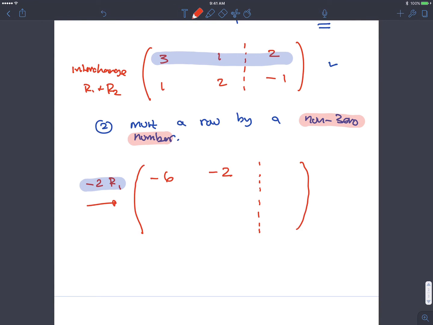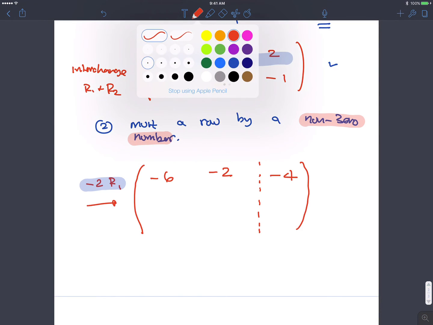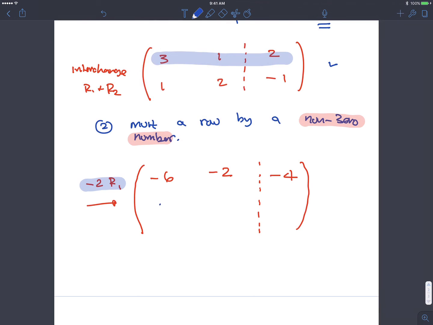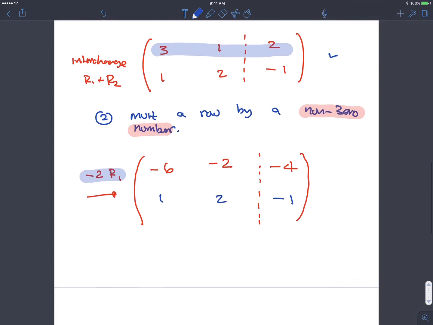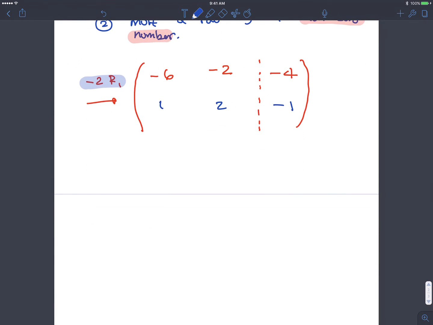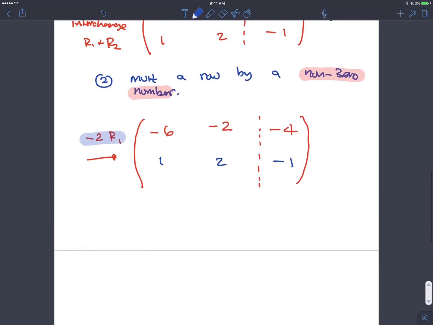And a -2 times a +2 gives me a -4. This is my new row 1. I can now go back and fill in the entries for row 2 because we didn't change row 2, we just changed row 1.